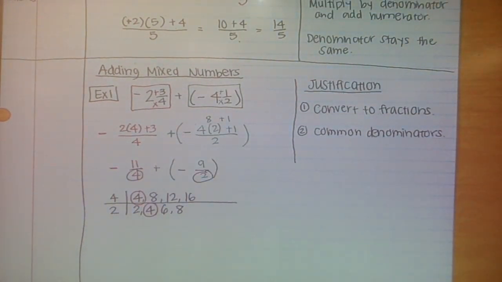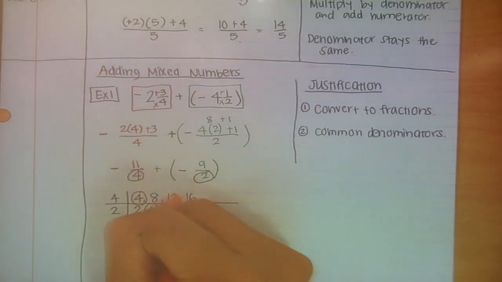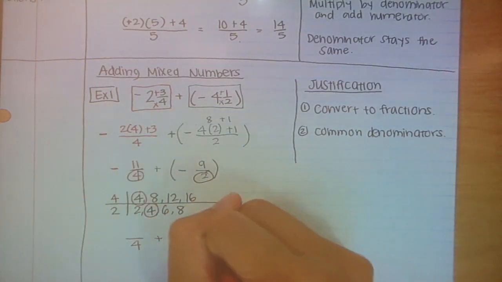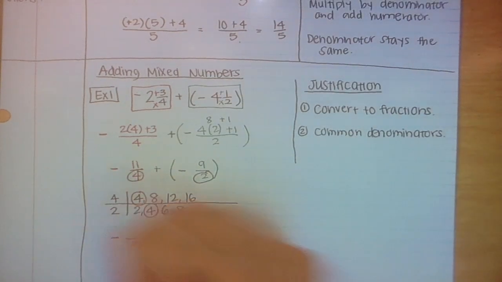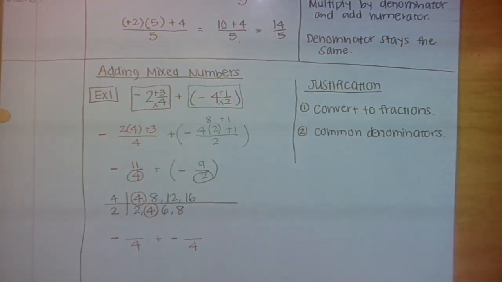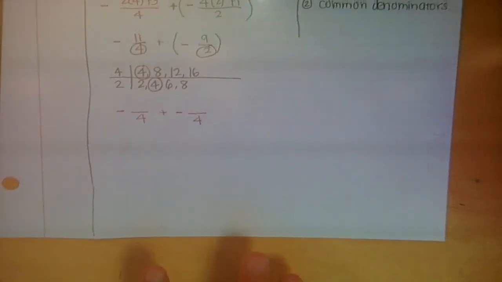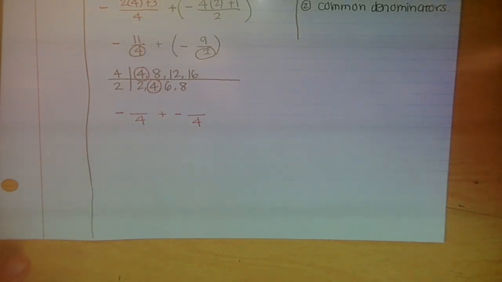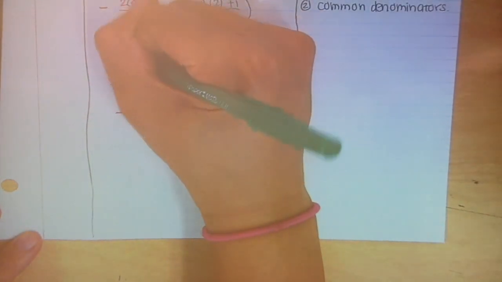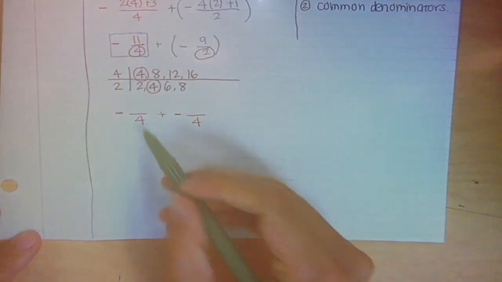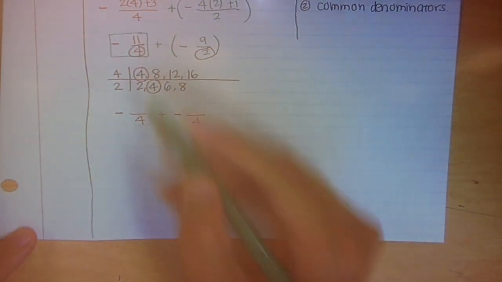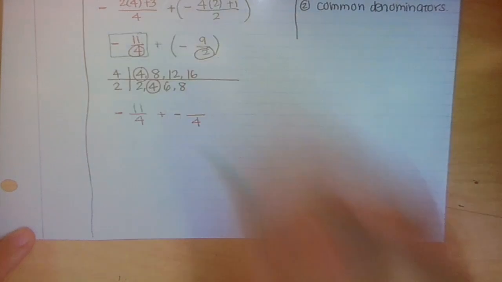So I'm going to write two fractions over 4. So I have something over 4 plus something over 4. And the fractions are still negative. They're still both negative. So looking at my first fraction, I have -11 over 4 and I want something over 4. It's already over 4, so I'm just going to keep 11 over 4.